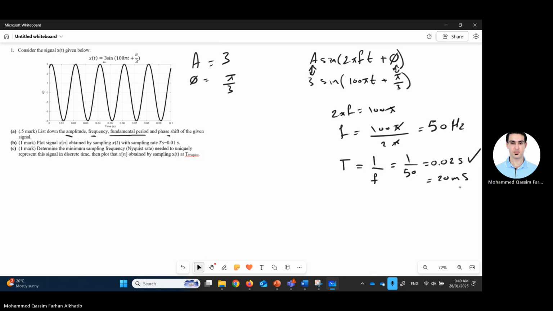Second part. Plot the signal x of n obtained by sampling x of t with a sampling period of 0.01 second. Okay, so let's look here. I have Ts equals 0.01. Now, if you remember, I want to get the discrete signal x of n equals x of n Ts. So x of n equals x of n times 0.01.